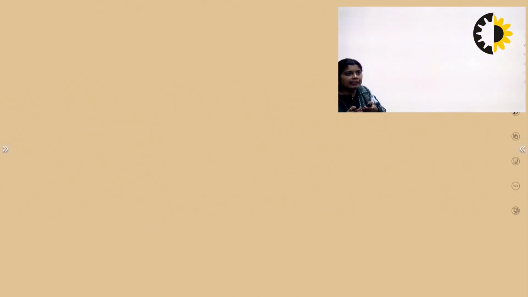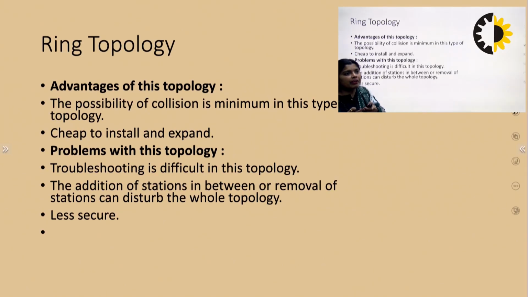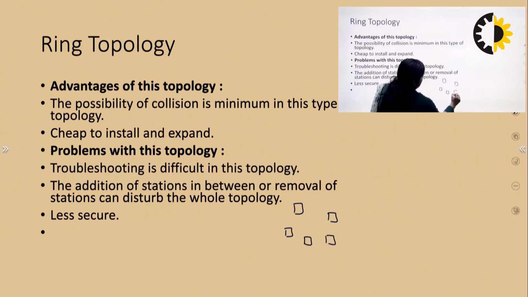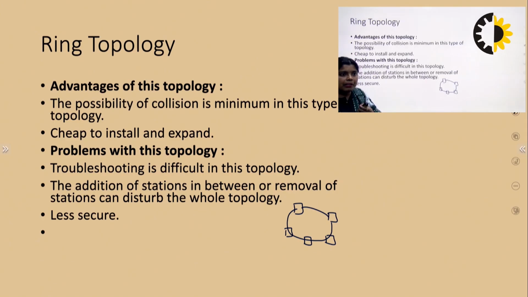So in the ring topology, what will be the number of cables required? That is n-1 cables.